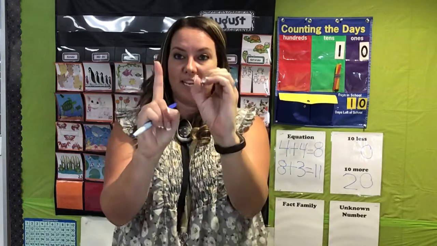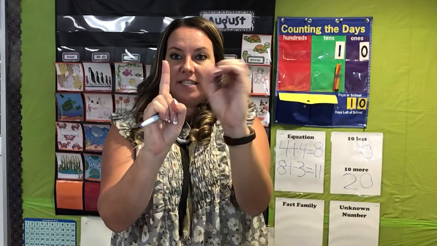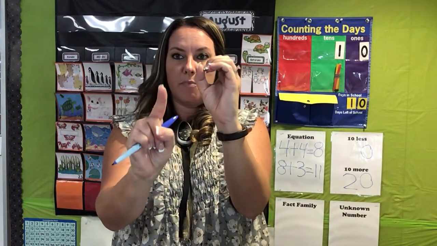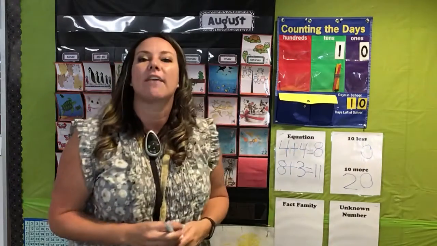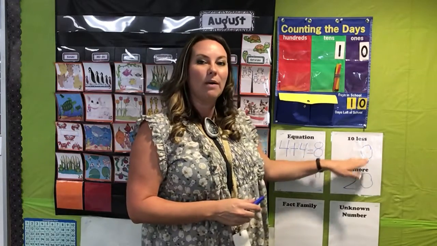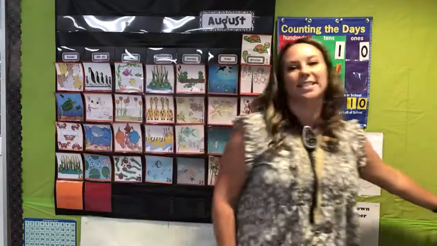Then what would we have? Let's see. If we have 10 days of school, but we're going to leave the babies the same, and we're going to take away a big brother. How many days of school would that be? 0. So we just leave that there. We could put a double 0, but we normally would just have the 0. So 10 less would be 0, and 10 more would be 20.